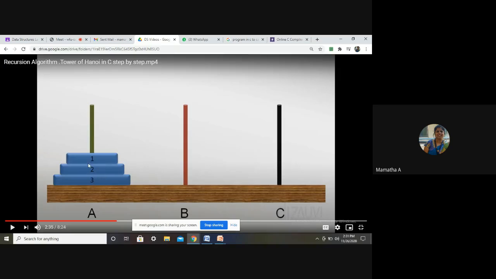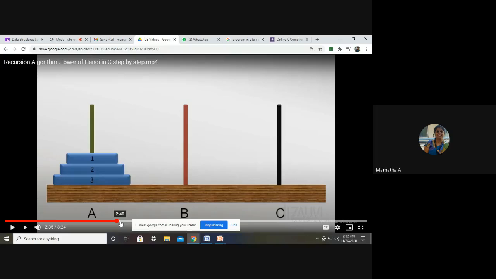When there are 3 discs, what I should do is move the top n minus 1 discs, that is disc 1 and 2, to B using C. So how do I move this, students?